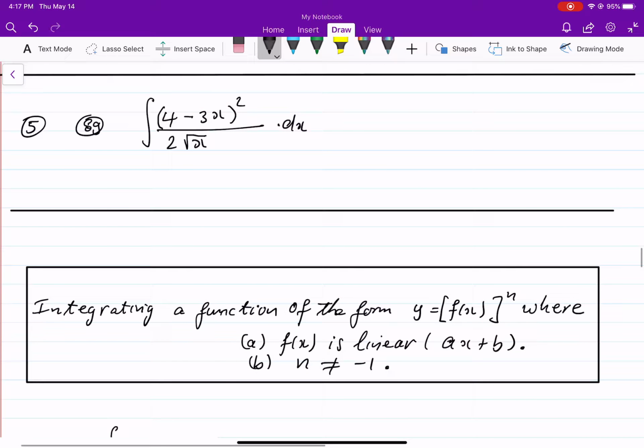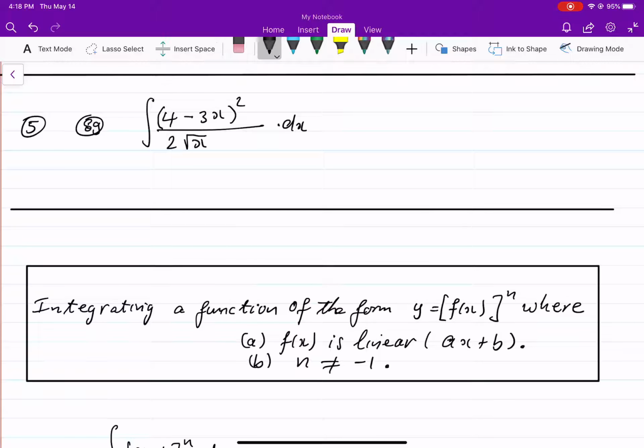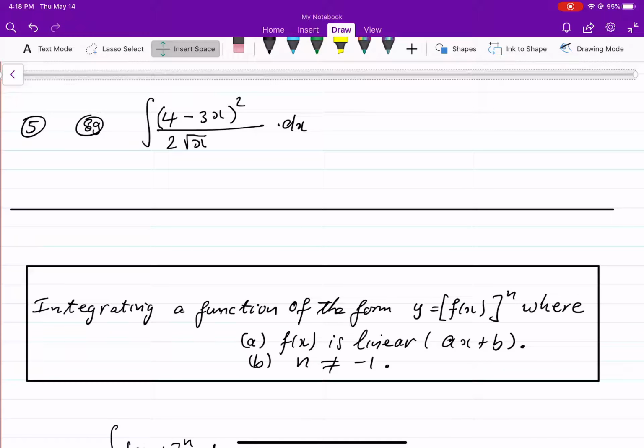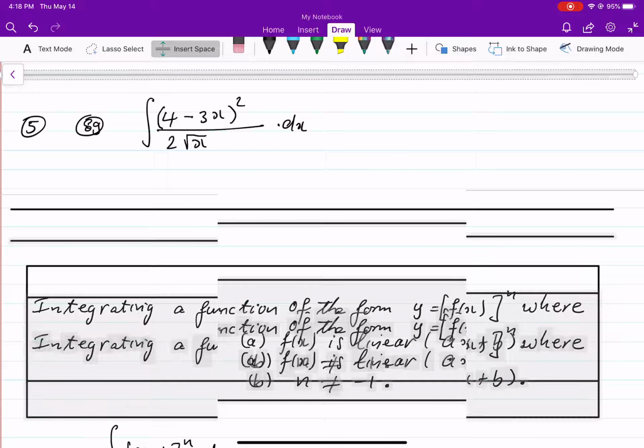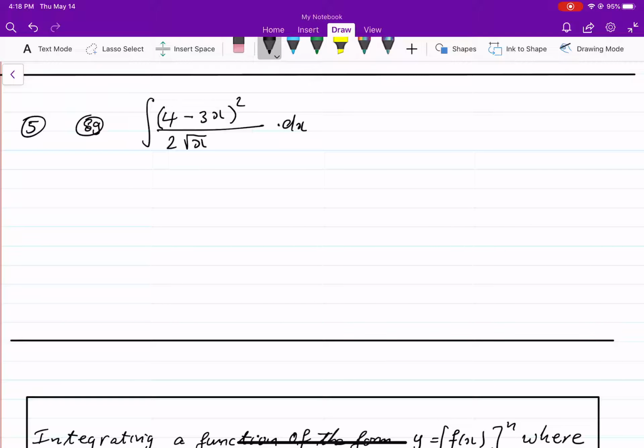Okay. Let's deal with this next one. It's now the integral of a quotient expression. Alright, so instead of dragging along the integration sign, what I will do is something like this.